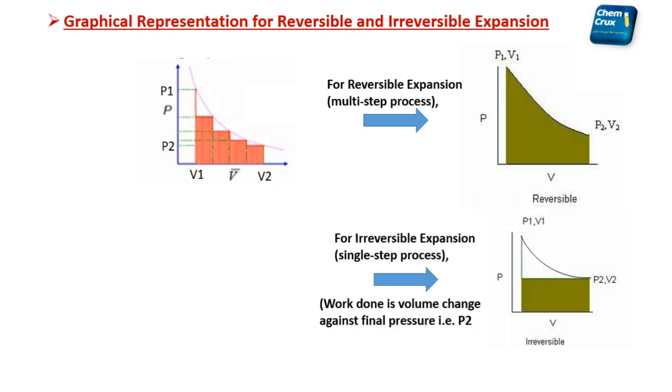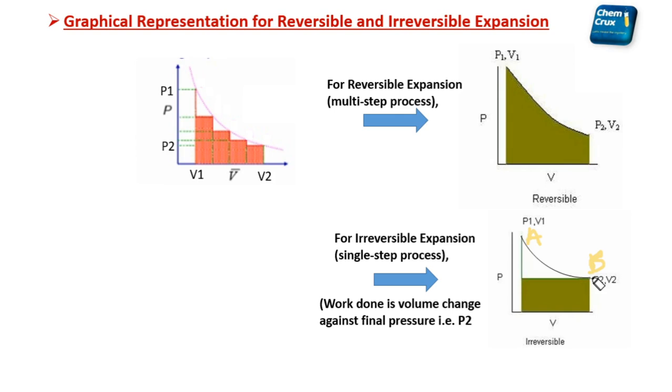Now coming to irreversible expansion. We know irreversible expansion is actually a single step process. So in irreversible expansion, from point A to point B, the pressure has changed from P1 to P2 and volume has increased from V1 to V2, but this has occurred only in one single step. Again we know work done is the volume change against the final pressure.